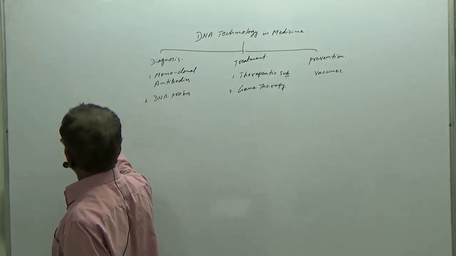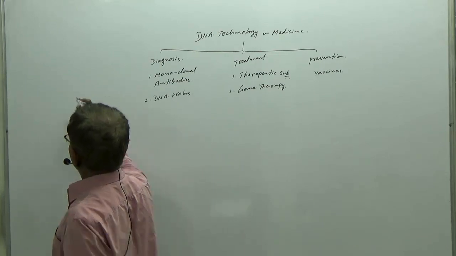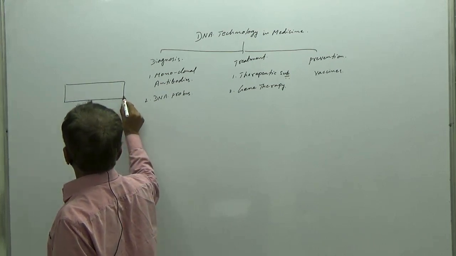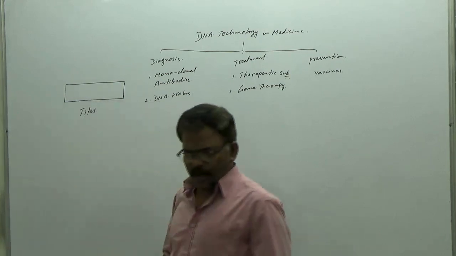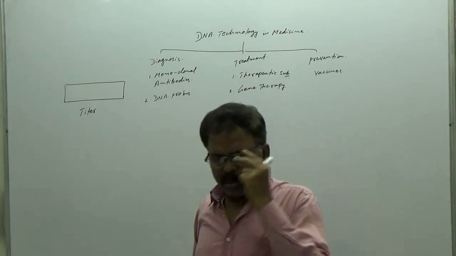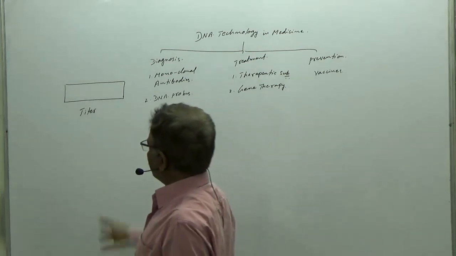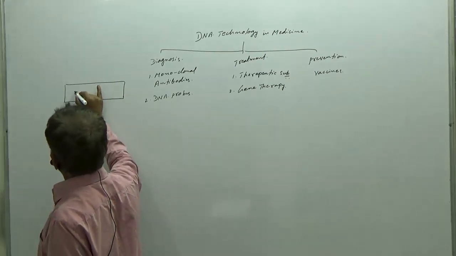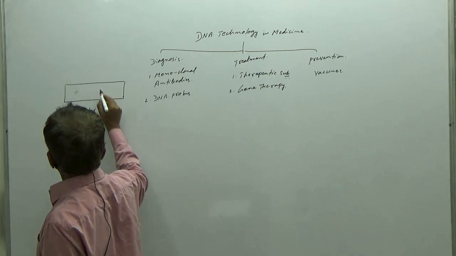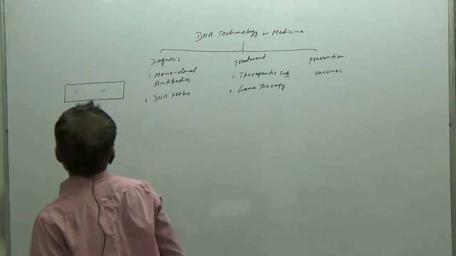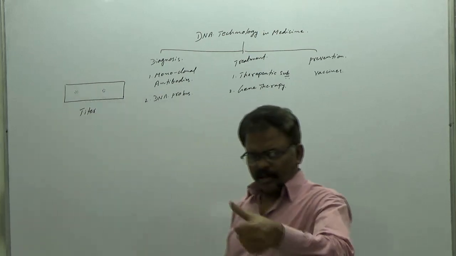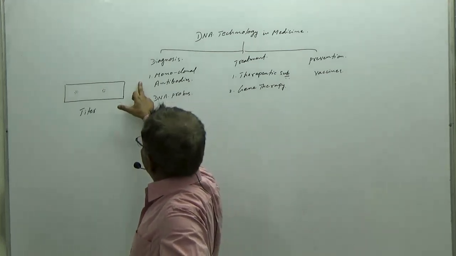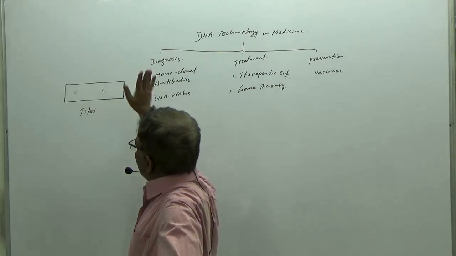A titer slide is a small piece of glass, a plate like thing. Here these antibodies are fixed on the slide. These are all useful to diagnose a particular disease.